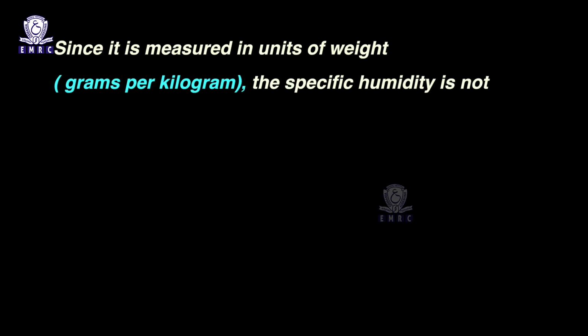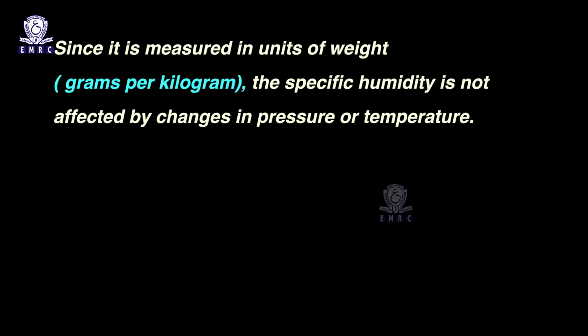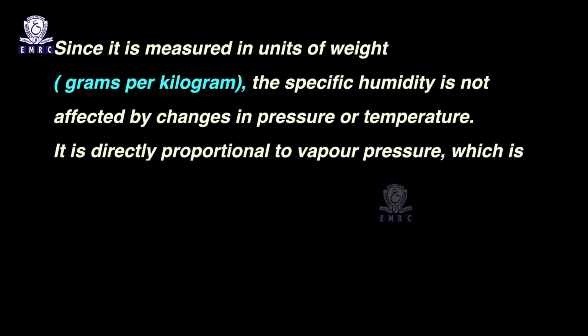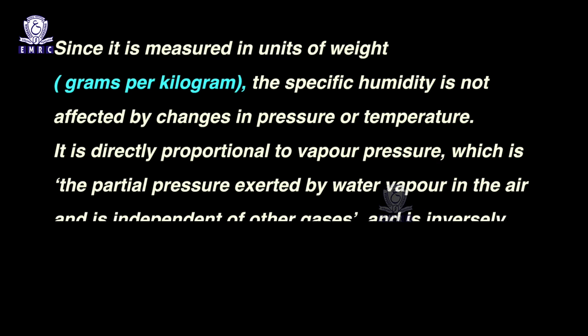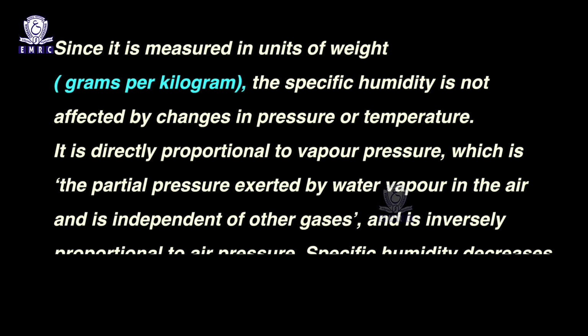Since it is measured in units of weight, usually grams per kilogram, the specific humidity is not affected by change in pressure or temperature. It is directly proportional to vapor pressure, which is the partial pressure exerted by water vapor in the air and is independent of other gases, and is inversely proportional to air pressure.